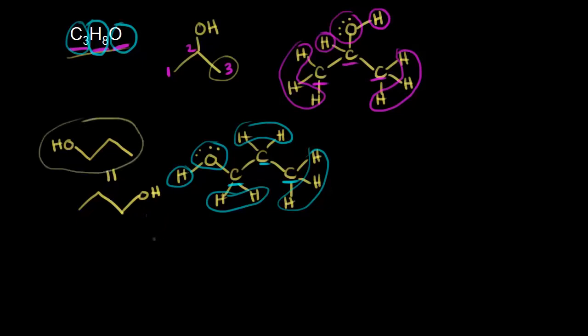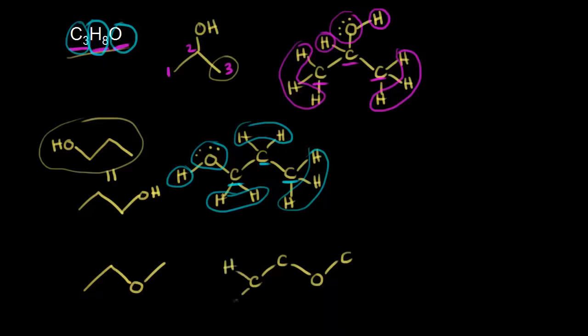All right, now let's draw one more. So we can't put the OH on the other carbon, so now we have to figure out something else that we can do. Well, we could this time put 2 carbons in a row and put an oxygen in between. So putting an oxygen to break up our carbon chain. So now this would be carbon bonded to carbon, bonded to oxygen, bonded to carbon, and then we fill in our hydrogens.